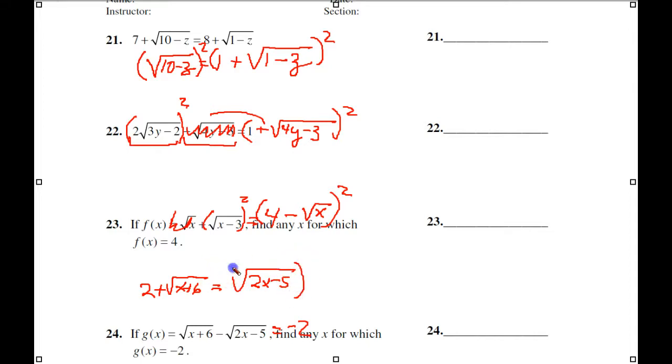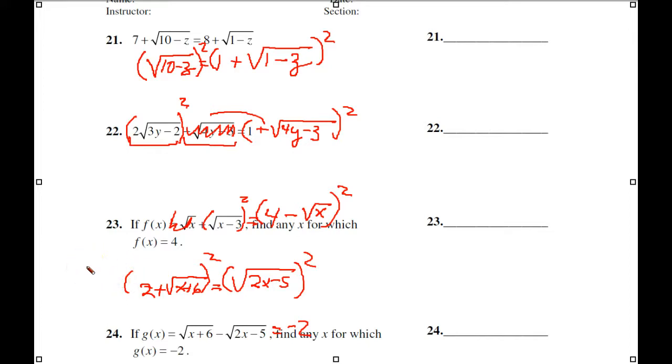And once again, we're going to square both sides. And these are just tedious because they involve squaring a binomial and then combining like terms, isolate the new radical, square that, square the other side.